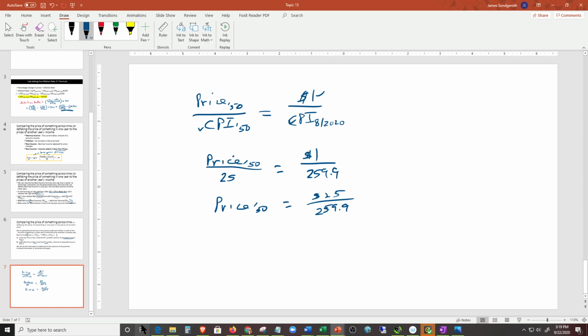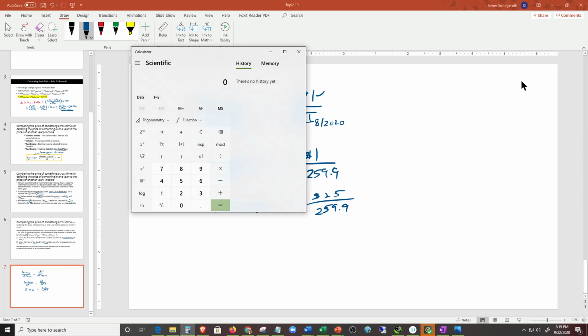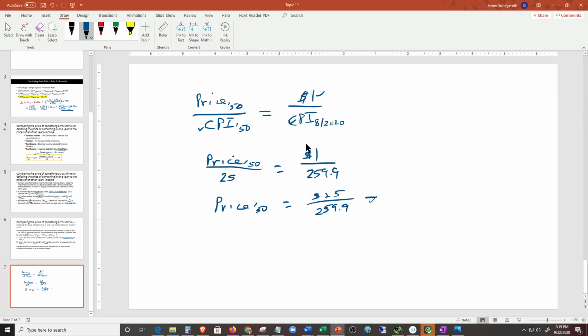Let's bring my calculator up. That would be 25 divided by 259.9. And it looks like it's going to be worth 9 cents. We can round, it would be 9.6 cents. Let's just use that.